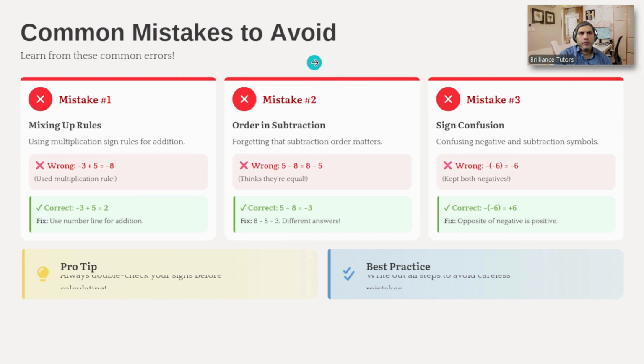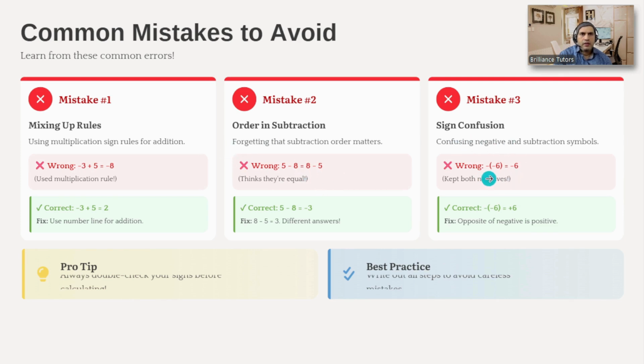Common mistakes to avoid in this chapter. Mistake 1, mixing up rules. Do not mix rules, like using the multiplication sign rule for addition, so it is wrong. Order in subtraction: 5 minus 8 and 8 minus 5 are not equal, okay?